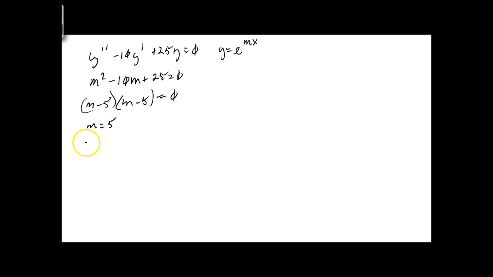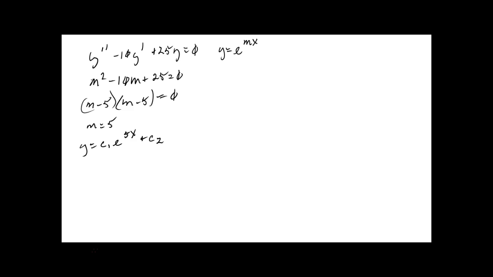Okay, so what's your solution? y is equal to C1 e to the 5x plus C2. Oh, really? Wouldn't that be just C3 e to the 5x then? Or C anything e to the 5x. Same solution.